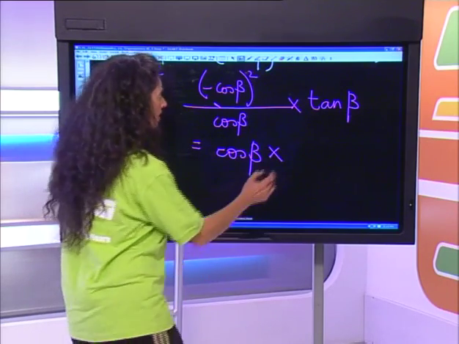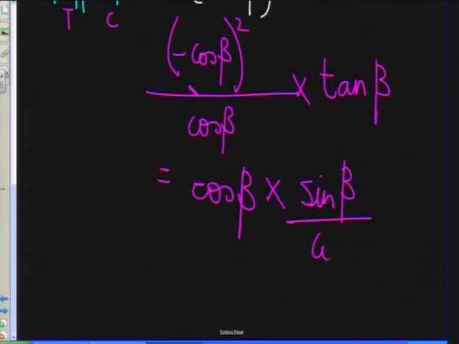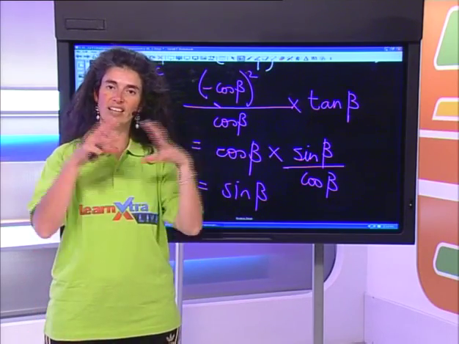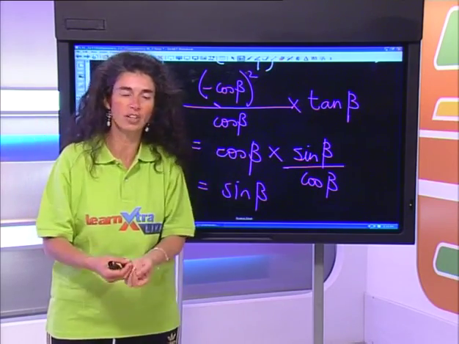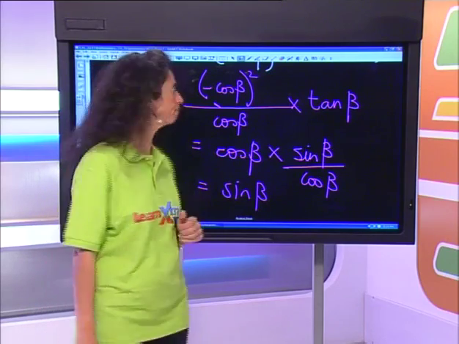It can be written as sine over cos, so we land up simplifying this as the same thing as sine beta. Okay, so reduction formulae is encouraging you to rewrite what appears to be a very complicated looking expression into something that can be rewritten as an acute angle.